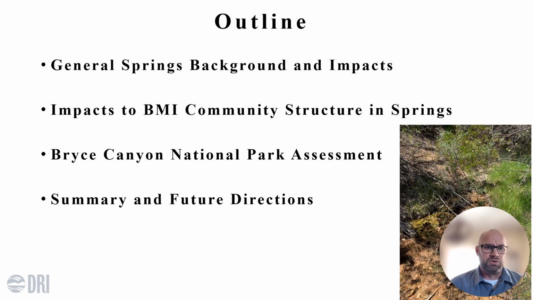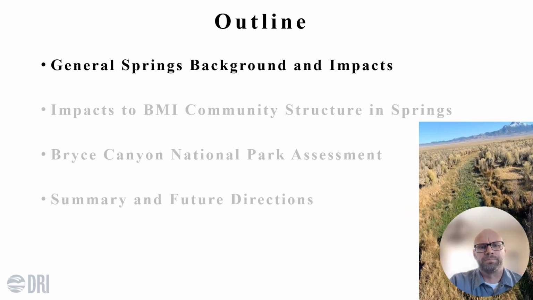Then I'm also going to move into some of the work that we've done in Bryce Canyon National Park, looking at some of the same parameters as the case study, and then go into a summary and future directions for our work. So starting off with general springs background and impacts.